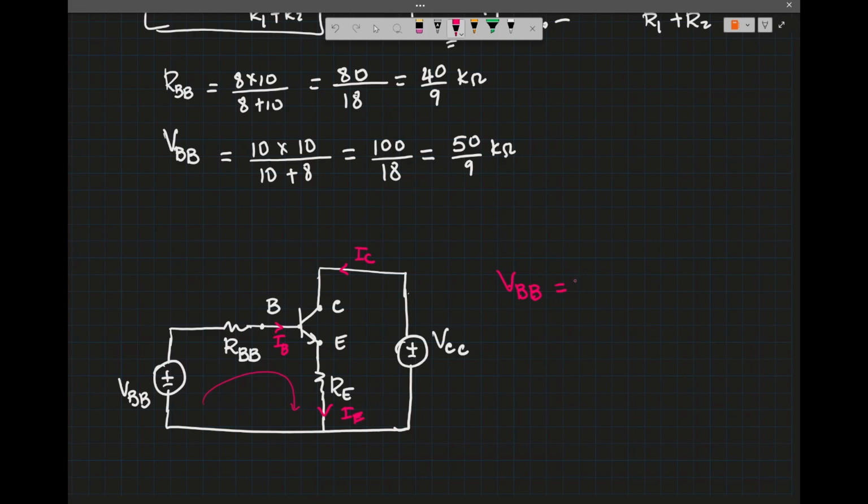Okay, so the voltage at the base will be equal to RBB times IB plus VBE plus RE IE.